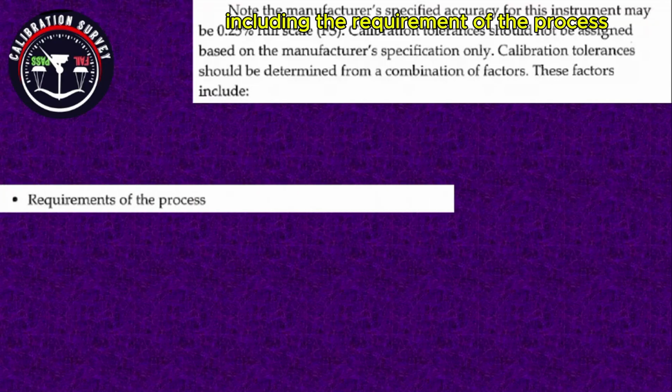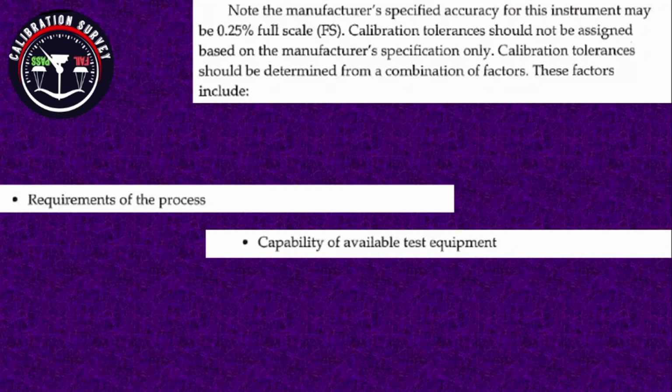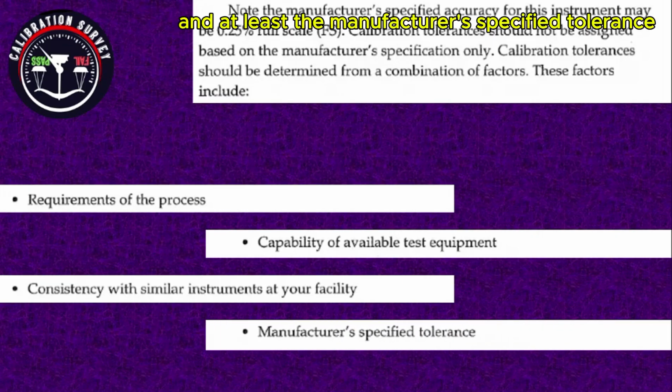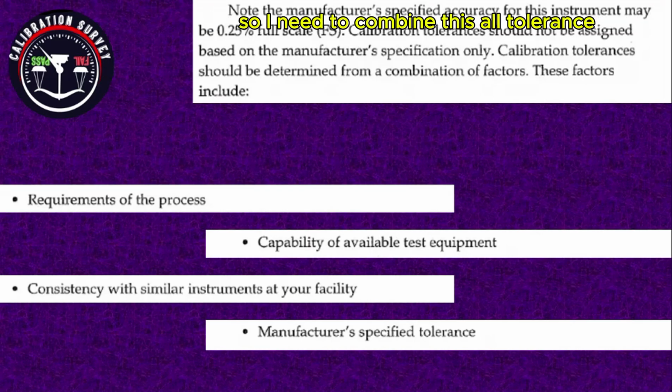These factors include the requirement of the process, the capability of available test equipment, consistency with similar instruments at your facility, and at least the manufacturer's specified tolerance. So I need to combine all this to find the tolerance that I will calibrate with.